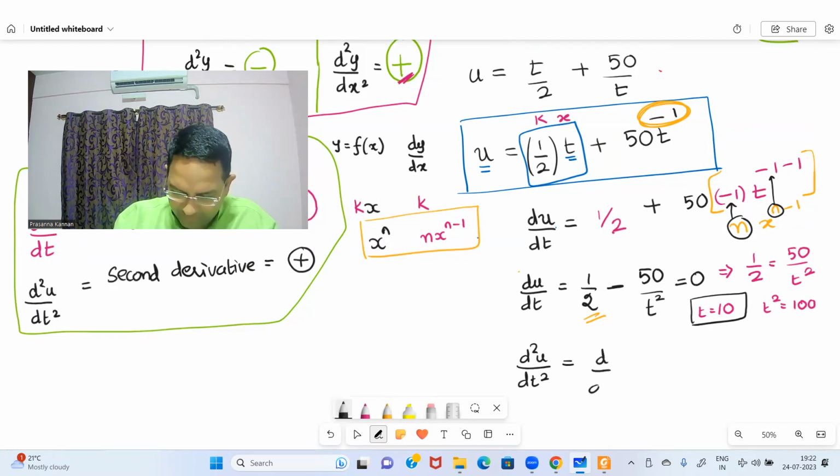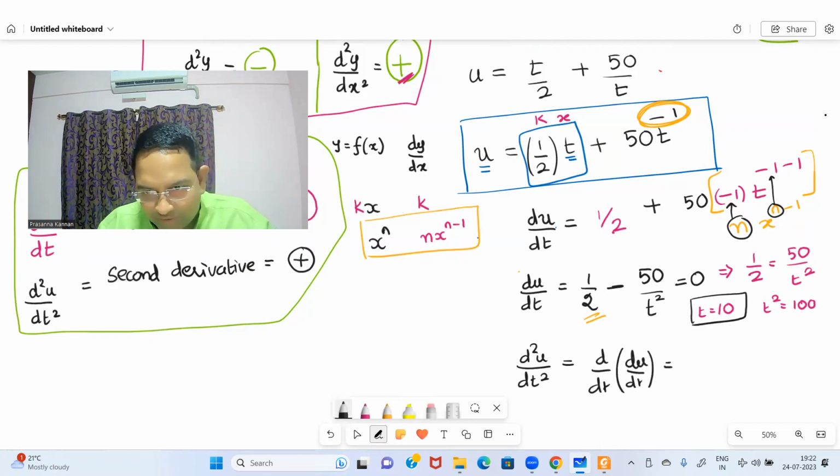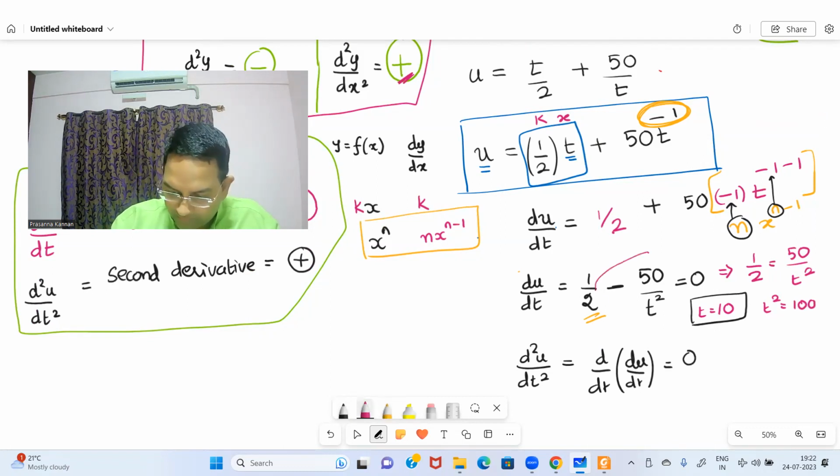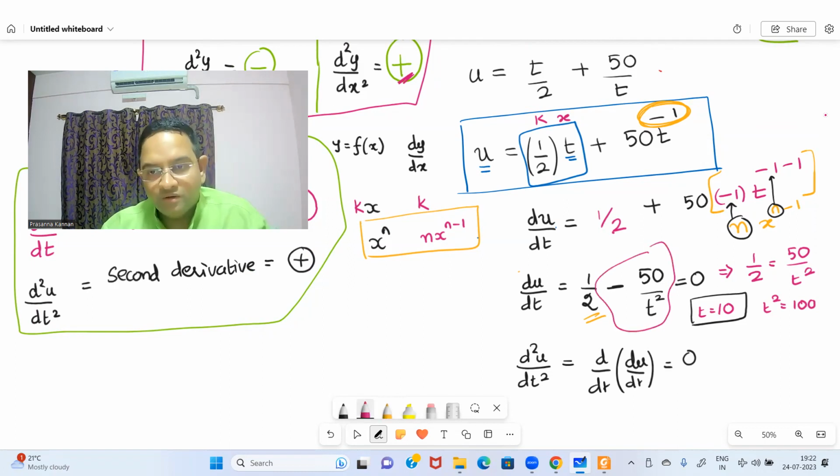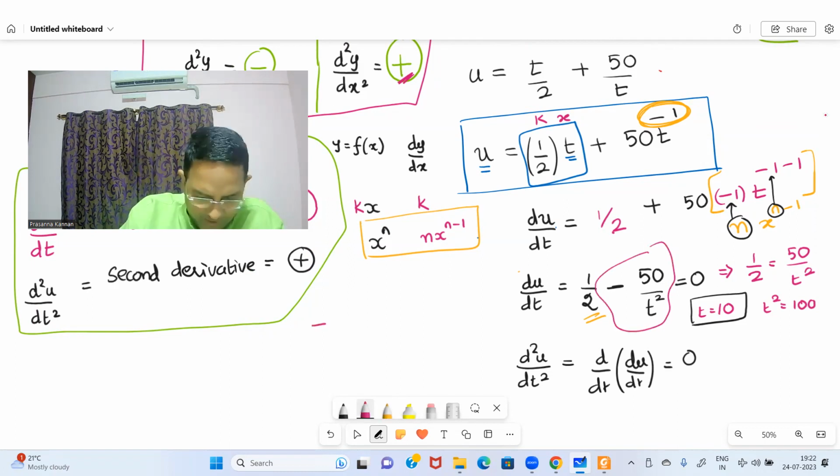It is nothing but the differentiation of du by dt. So when I differentiate half, what do I get, Roshni? 0, right? So now what is left? What is remaining to be differentiated? Minus 50 by t square. That by t square, how can I write?